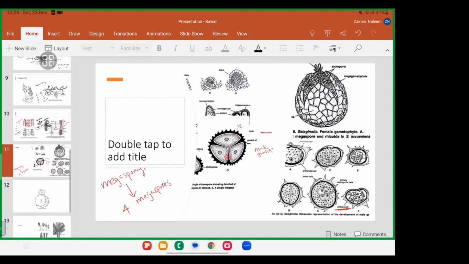The male gametophyte is retained, trapped inside the sporophyte. He is gradually getting rid of his abilities. Here also the gametophyte is there. It is partially photosynthetic. First he is totally dominant, then in the nephrolepis he is independent. He can photosynthesize and supply all of his food demand. But in the Selaginella, he can do a little bit of photosynthesis, but he cannot fulfill his whole needs. So it is partially dependent.